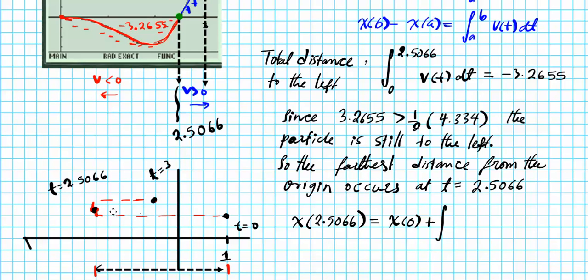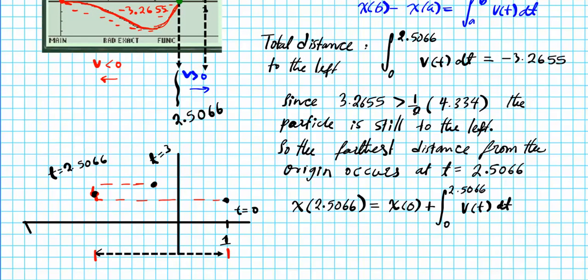It doesn't matter if it's zigzag. We just want to know how far it traveled from here all the way to there. So from 0 to 2.5066 of the velocity. Don't put absolute value there, or else you mess things up. So v of t dt, because the sign actually matters here since we're looking at net change in displacement.